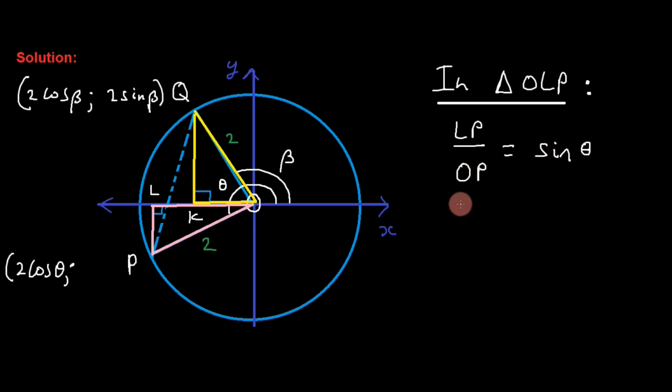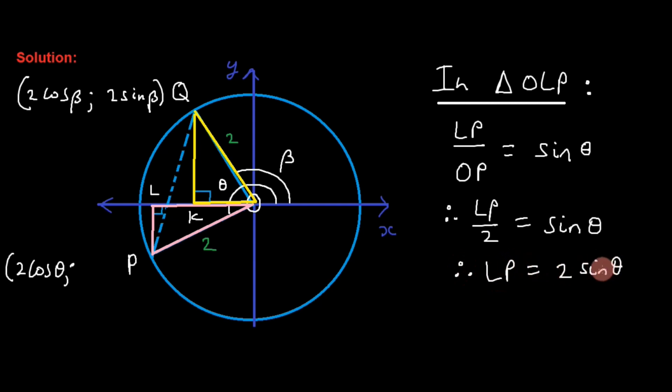And OP is 2 units, so we can write that LP over 2 is the sine of theta. And hence LP equals twice the sine of theta. And of course we said LP is the y-coordinate at point P. So the y-coordinate then is twice the sine of theta.